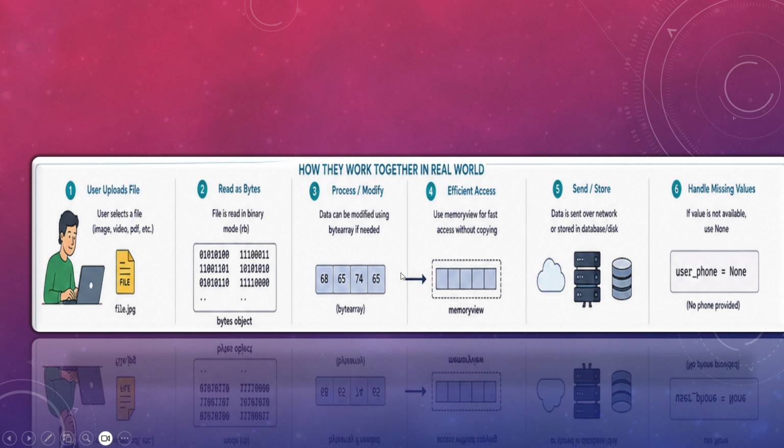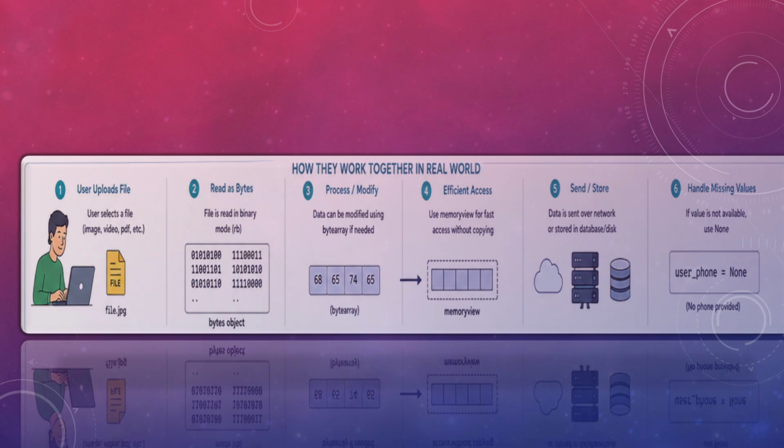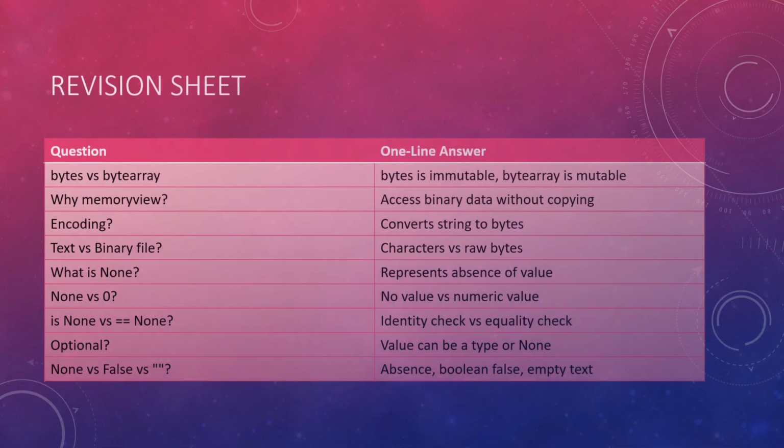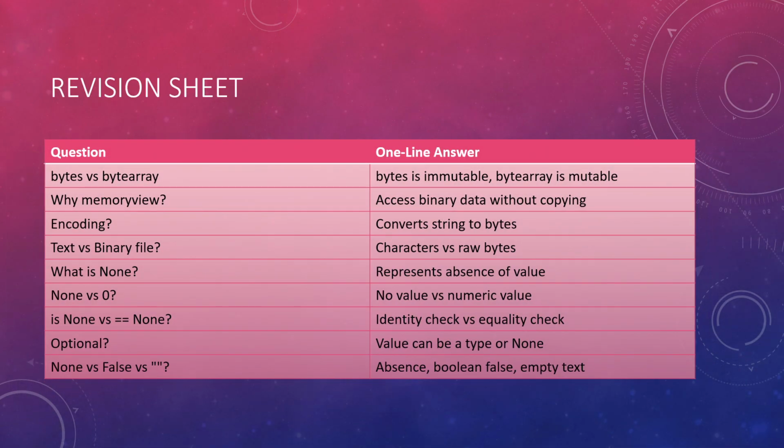Efficiently accessing, since there is a huge amount of data, we'll also use memoryview. Without copying, you access the memoryview and then send the data over the network in byte format. And if some data is missing, we represent it as None. So in the real world all these concepts may be used at the same time.